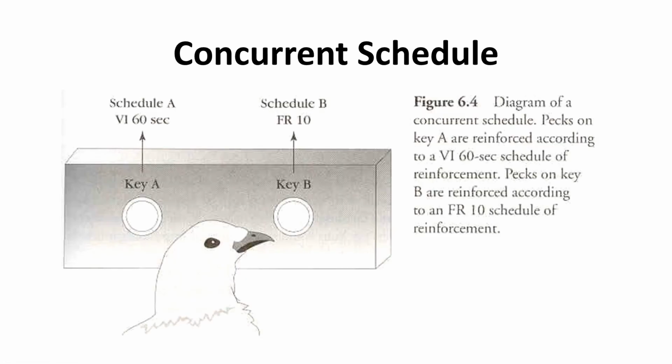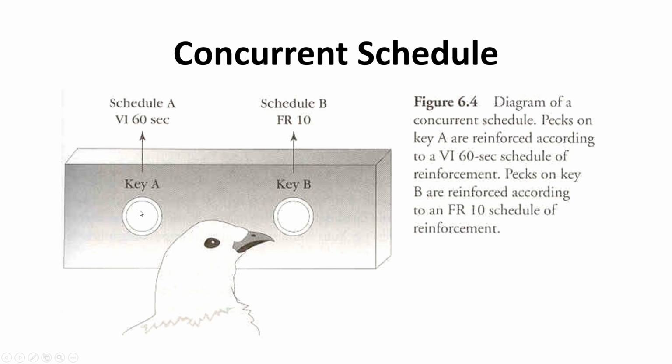Now, the standard method of testing this is very similar, again, to what we've been looking at so far. You can look at a Skinner box or an operant box, and there are usually 2 options available. So here we have a pigeon in an operant box with 2 possible keys, key A and key B, and each key would be associated with a different schedule of reinforcement.